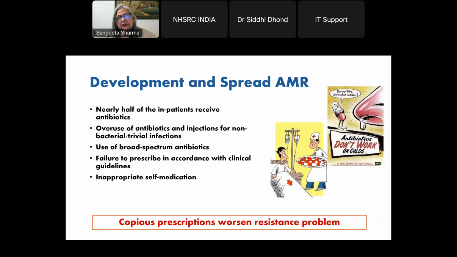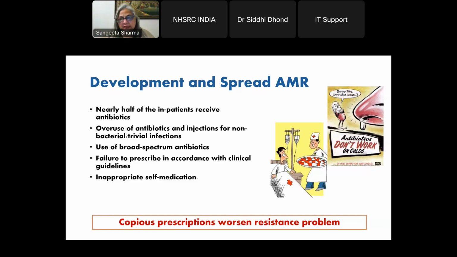And even within bacterial infections, where a narrow spectrum antibiotic can work, we have used broad spectrum antibiotics. I always give the example: we have a needle, we have a small knife, we have a sword. Broad spectrum antibiotics are like swords, but we have been using them like anything.